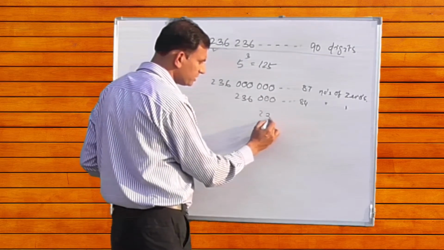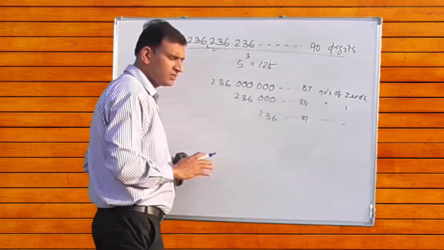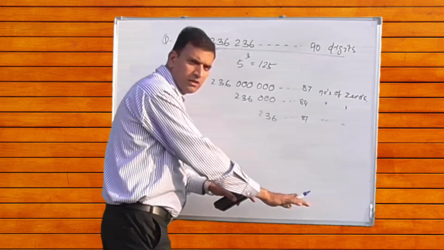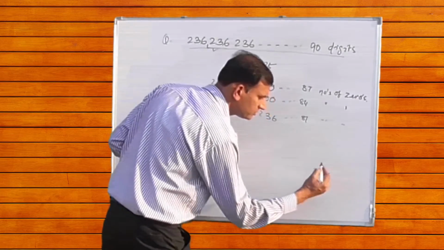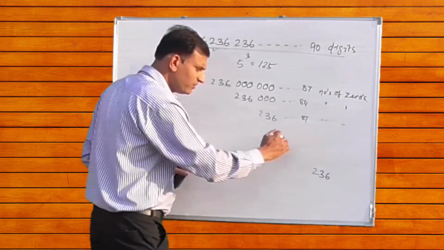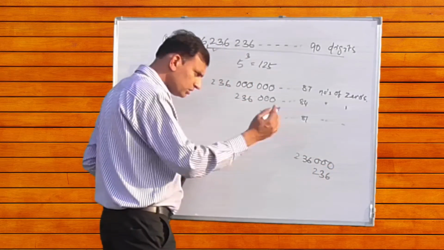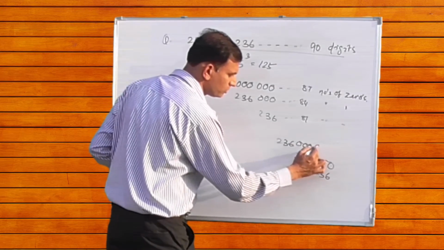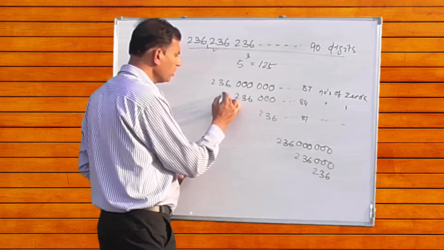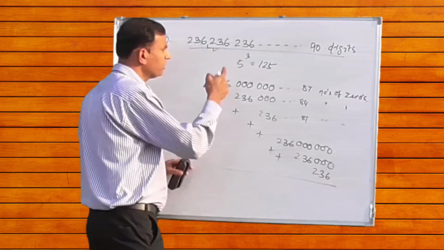The next 236 has 84 zeros. The next 236 has 81 zeros. And if you continue, finally we have only 236. The previous one is 236000, and the one before that is 236000000000.